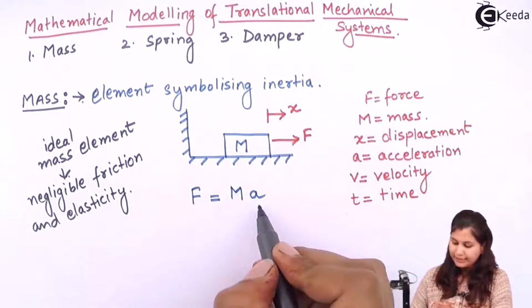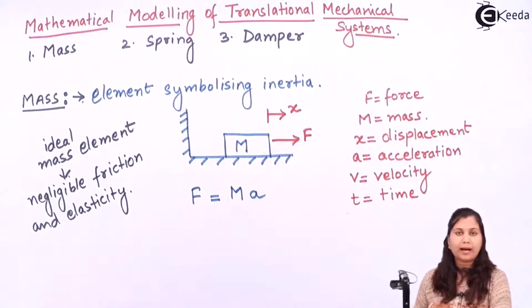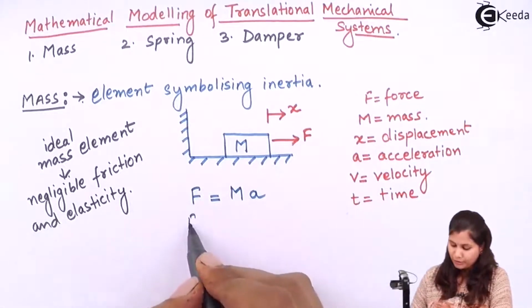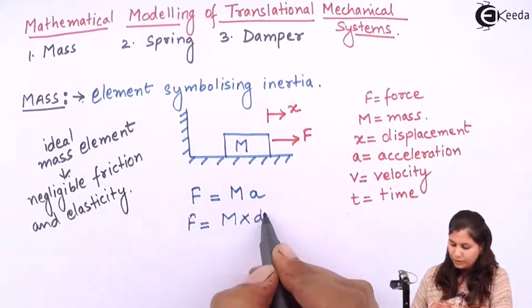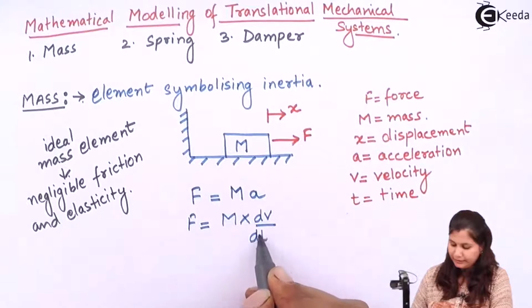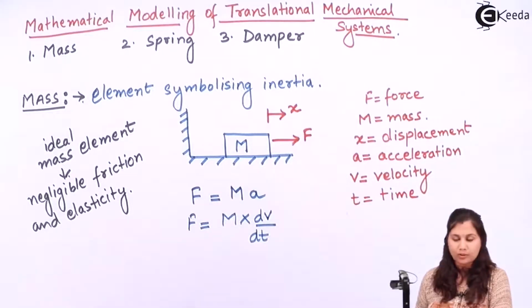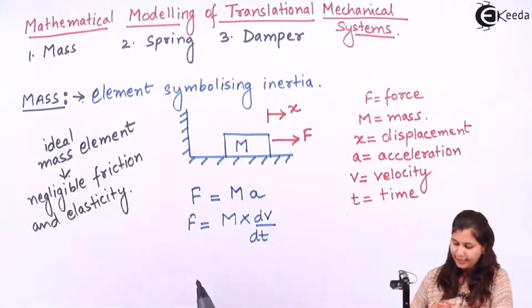Now we know that acceleration is given by a equals dv by dt, that is differentiation of velocity with respect to time. So F equals m into dv by dt, where v is the velocity and t is the time.